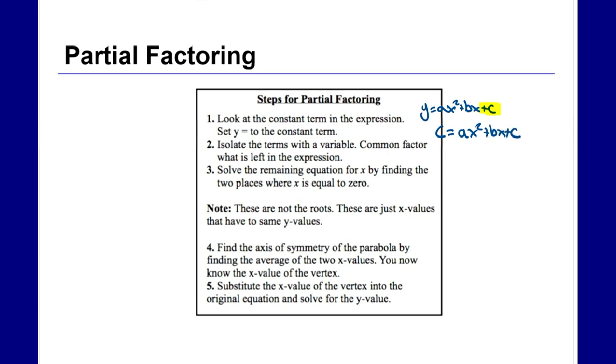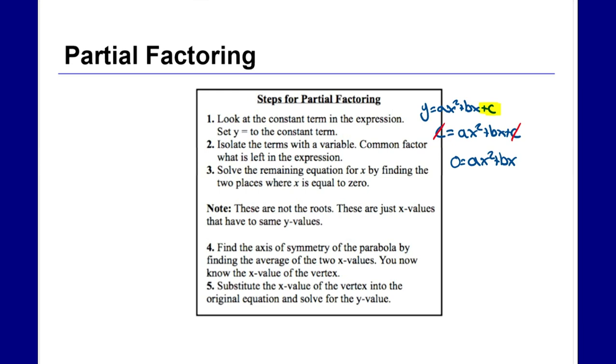The idea is that we can cancel out the c values and make it essentially 0 equals ax squared plus bx. We're then going to common factor whatever's left over, set each part equal to 0, and solve for x.